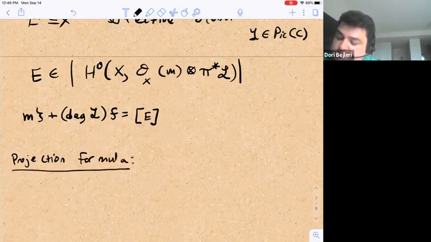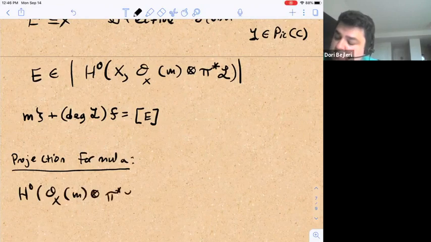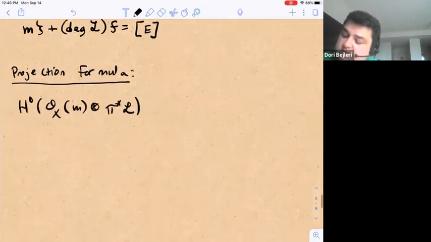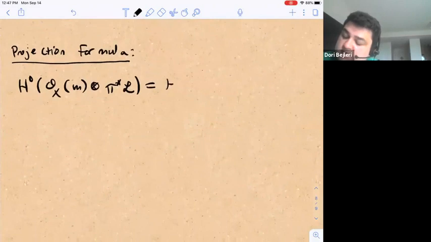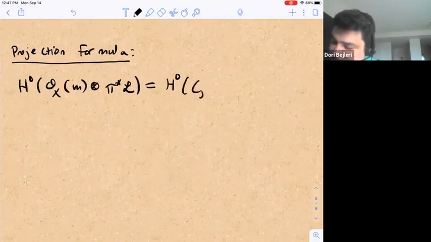So H0 of OX of M tensor some pullback, by the projection formula, will be the same as H0 now downstairs on C. This part is just the definition of push forward.